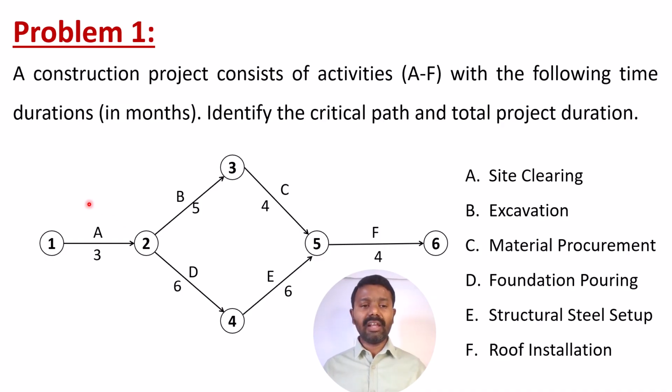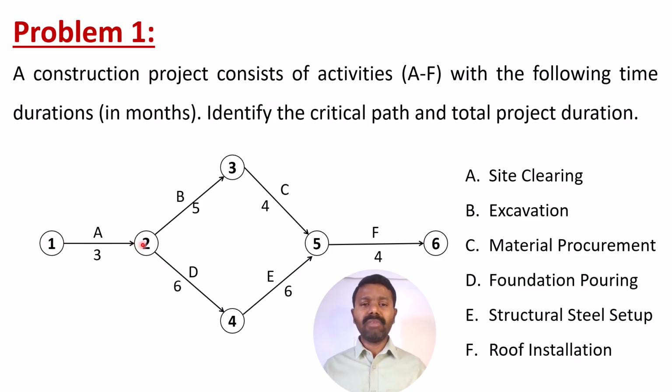That means unless the first activity is completed, the B activity and D activity cannot be started. So here, A is site clearing. That means unless the site is cleared, they can't do the excavation and they can't even do the foundation pouring. So the site clearing needs to be done first. That is how it will go.